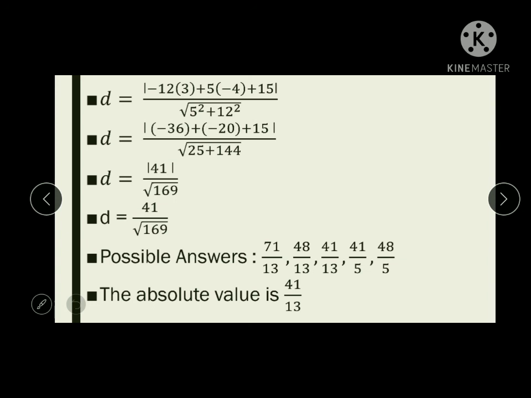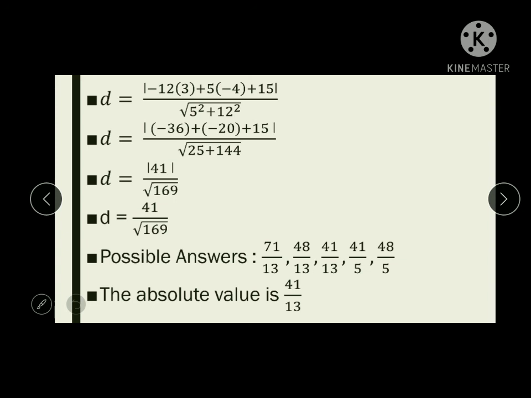So kanina naglagay ako ng mga posibleng answers na pagpipilian kung ano ang tamang sagot sa tanong na ito. So talakayin na natin kung ano ba talaga ang tamang sagot.